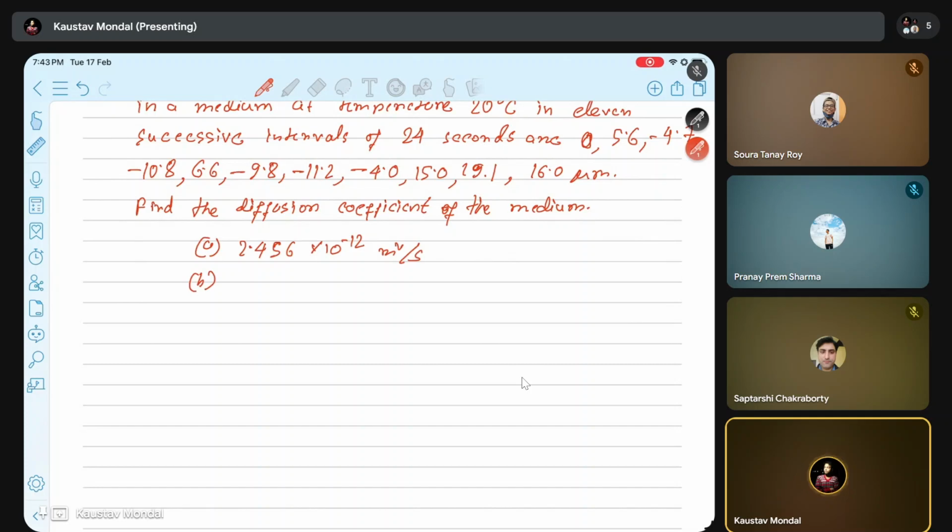Option B is 2.815 into 10 to the power minus 12 meter square per second. Option C is 0.755 into 10 to the power minus 12 meter square per second. Option D is 6.531 into 10 to the power minus 12 meter square per second.